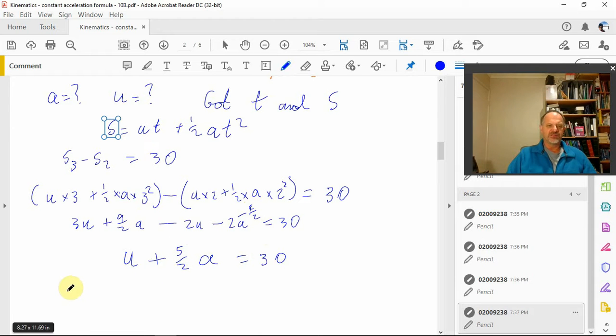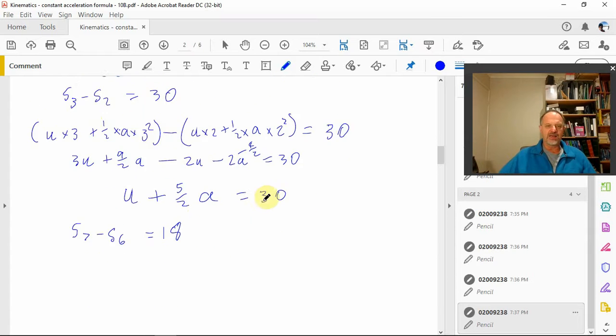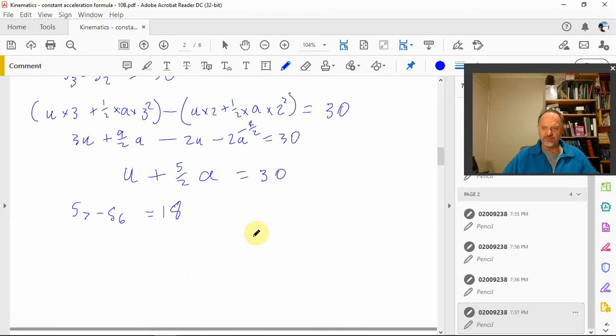Now, if we do the similar thing here for S7 minus S6, and that's 18, again putting 7 and 6 in there, I'm going to be a bit lazy here and not do all of that.